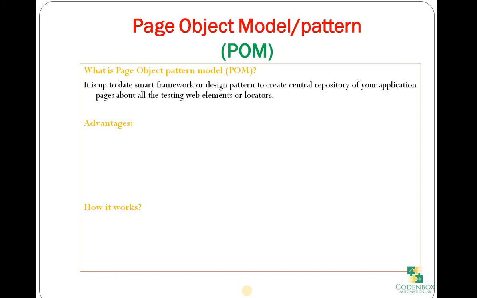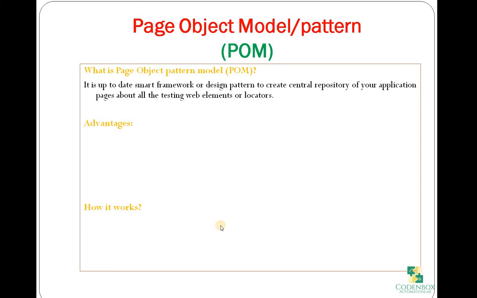Those are your testing elements. We are going to put all the web elements from a page in a separate class. Okay, so it gives us a central repository for your web application pages. We'll see it in practical.